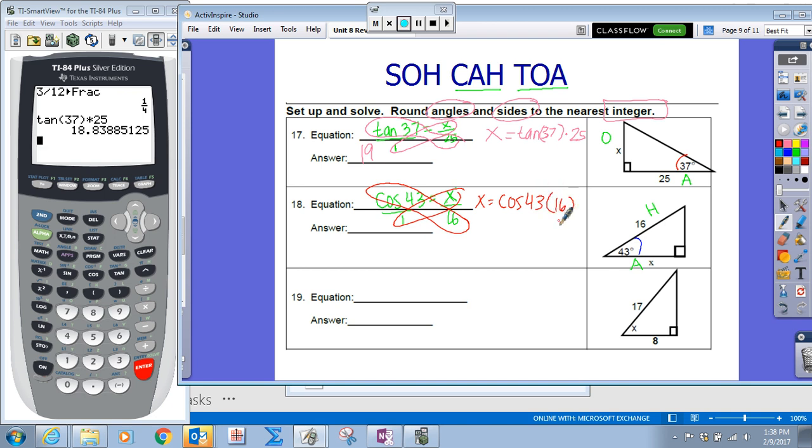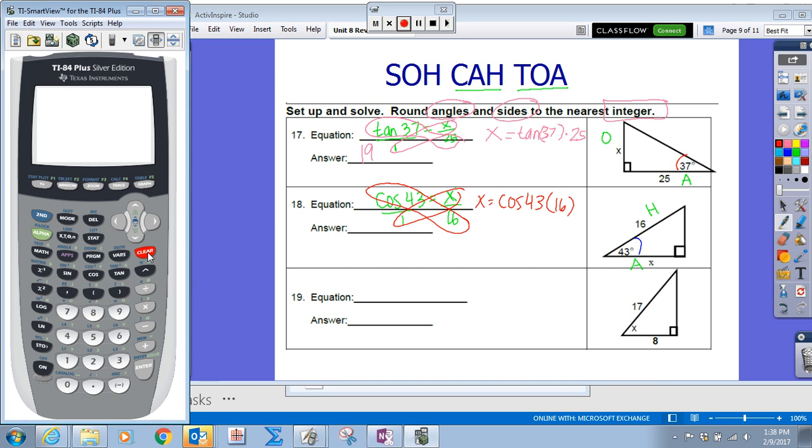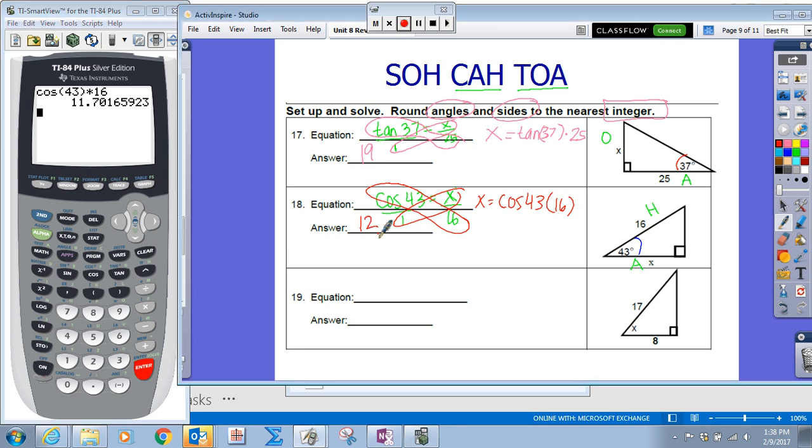So calculator, cosine 43, close our parentheses, and then multiply times 16. And I got 11.7, so that rounds up to 12. So this side is 12.